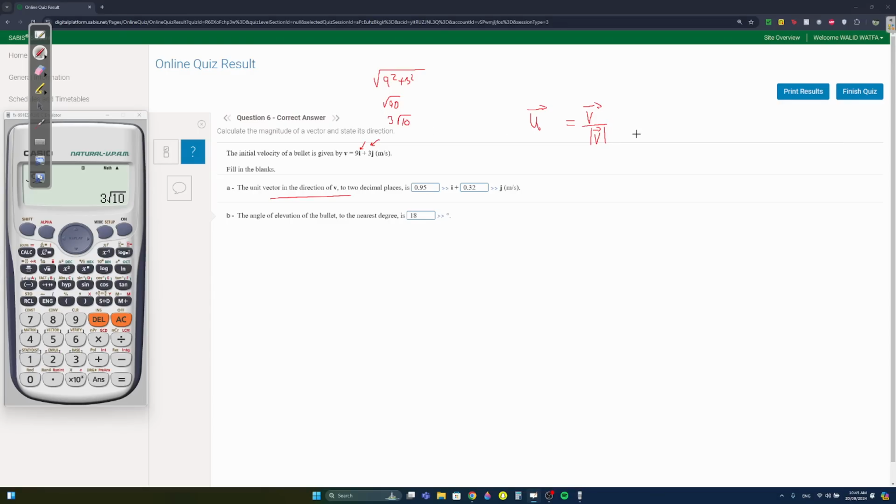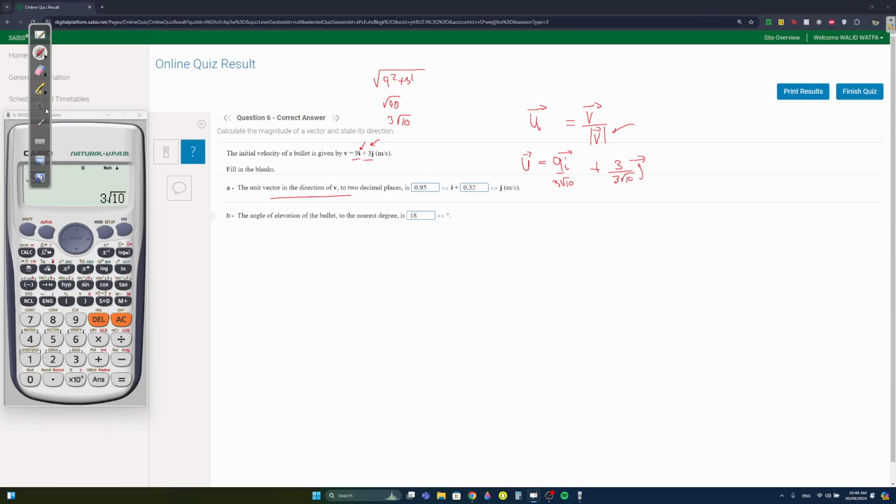So this is the magnitude. How do you find the unit vector? You divide each component by the magnitude. So we have 9i, so it's 9 over 3 radical 10 i, and then plus 3 over 3 radical 10 j.